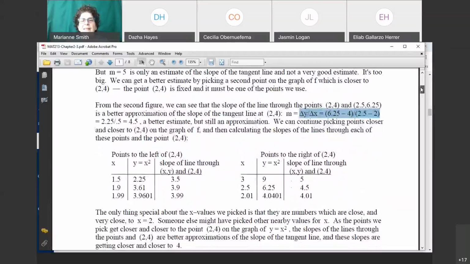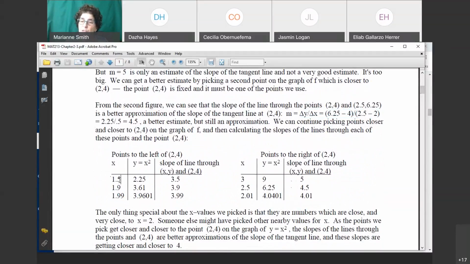So here's what they got. They got this table. Here are the points to the left. Notice all these x values are less than 2. Some of them are very, very insignificantly less than 2, right? And here are the y values that go with those x's.